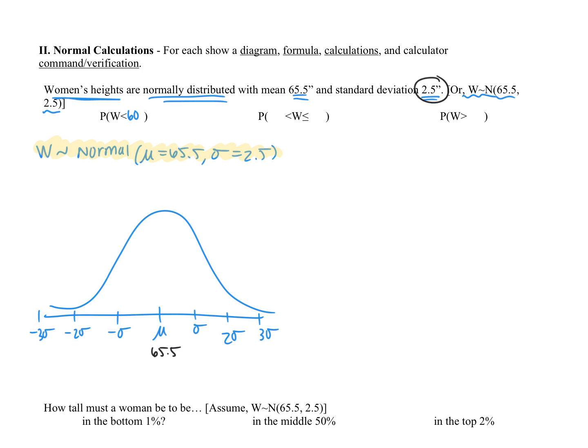So that's that 2.5. So if we add 2.5, we're going to get 68, and then 70.5, and then 73. If we go down, we get 63, 60.5, and 58. So that is the first thing that you are always going to do, is you're going to put this in symbols, and then you're going to draw yourself a figure.